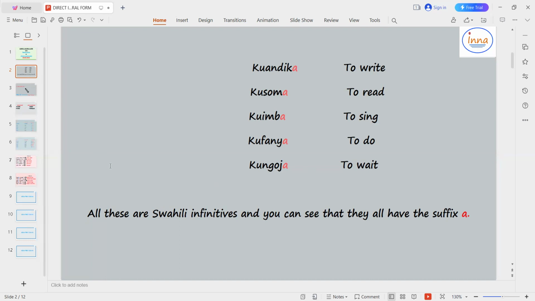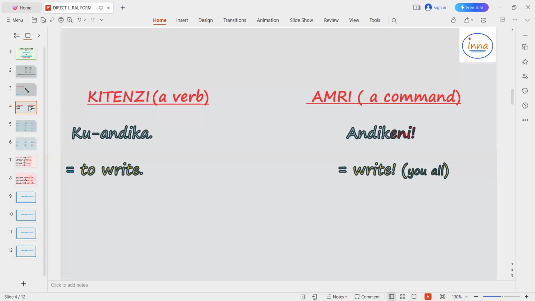So in direct imperative plural form, the suffix a will be replaced by eni. The suffix a will be replaced by eni to make a direct imperative plural form. As you can see here on the screen, we have kuandika. This is our infinitive, and it becomes a command, andikeni.